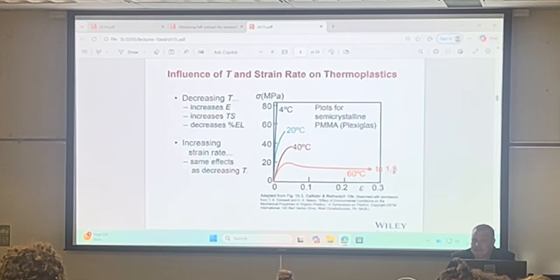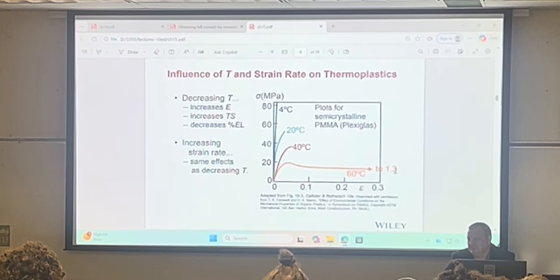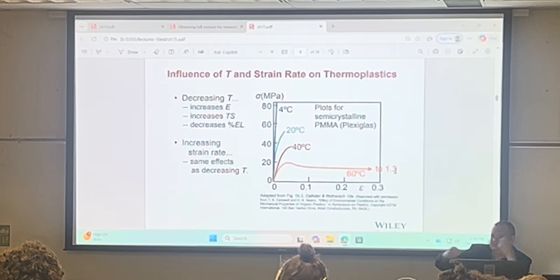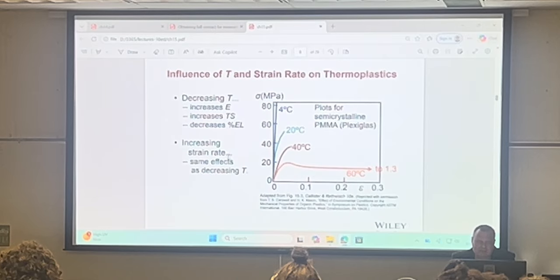You can see that the strain can go up to 1.3 actually. So you can stretch it for a very, very long strain. But increasing the strain rate has the same effect as decreasing temperature.